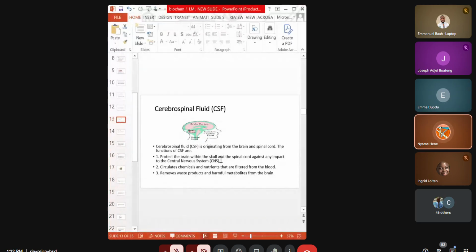It protects the brain within the skull and the spinal cord against any impact to the central nervous system. So when there is any pressure, any trauma, for instance an accident from a height, the CSF serves as a protective barrier to the brain.